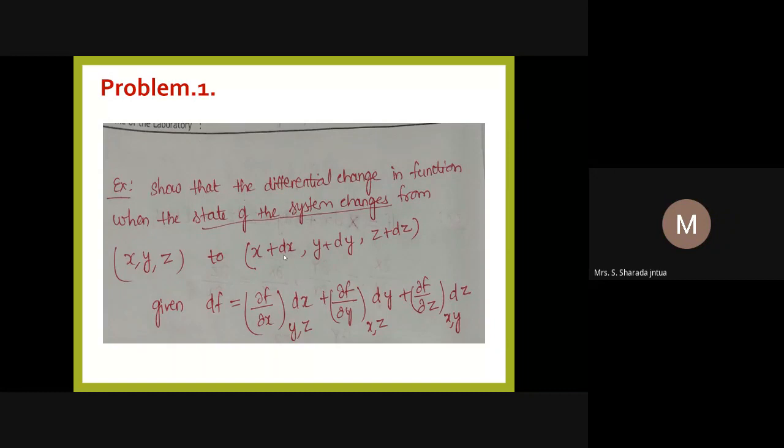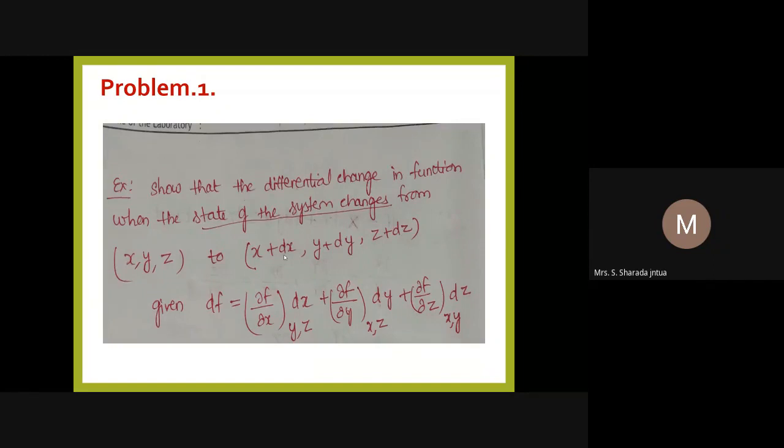Okay. So what they are asking is that suppose x, y, z are the variables. When the system is changing, the change is taking place, that is x plus dx, y plus dy, z plus dz.